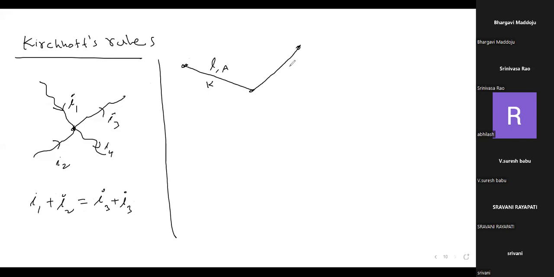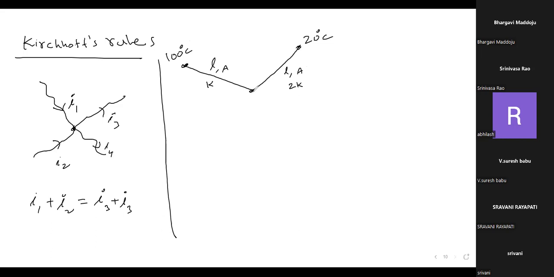Here also this is a rod, L is the length of the rod and A is the area of cross section. 2K is the thermal conductivity of this rod. Suppose at this point the temperature is some 100 degrees centigrade, and here the temperature is 20 degrees centigrade.